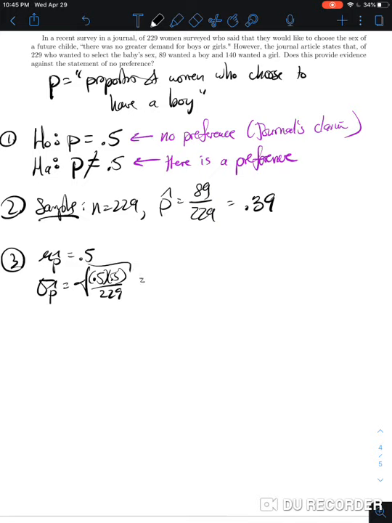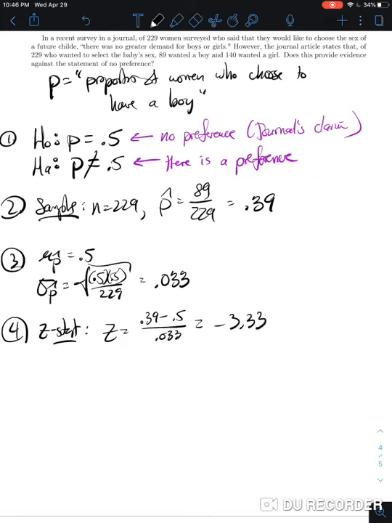That gives 0.033. Next is the z statistic. Let's see how far away this is from the mean. So z would be 0.39 minus 0.5 all over 0.033. I get negative 3.33.